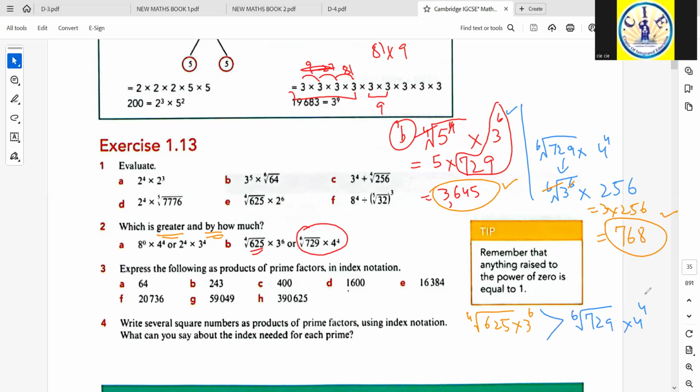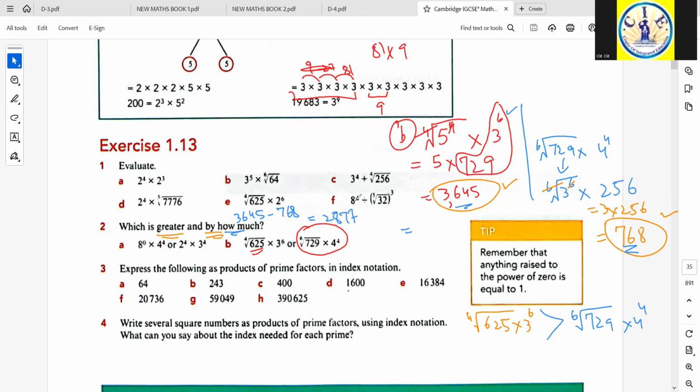And for how much, obviously you need to subtract them: 768 from this. 3645 minus 768. The answer is 2877. So that's the answer to this.